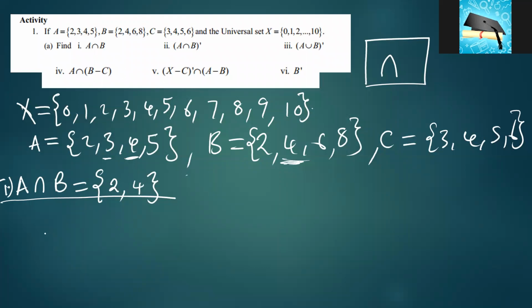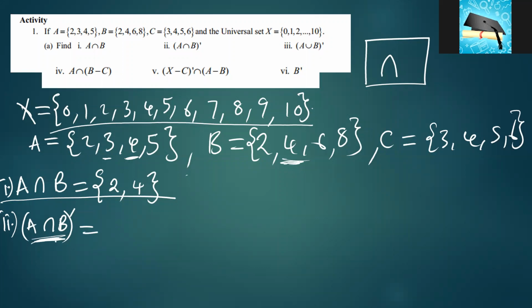We've also been asked to find A intersection B complement. What this simply means is that we're going to list the elements that are not in A intersection B, but are present in the universal set.